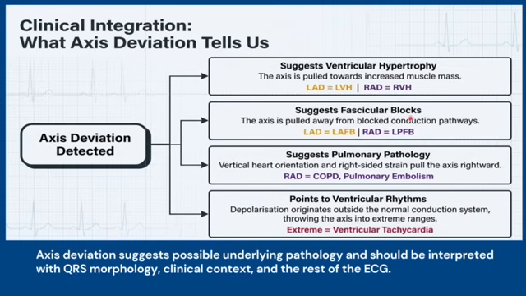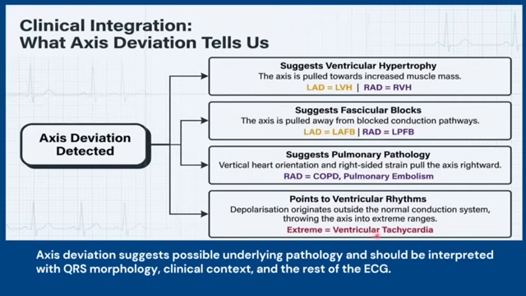Also, it could suggest pulmonary pathology like pulmonary hypertension, pulmonary embolism, COPD, in which you find right axis deviation. Also, it can point to ventricular rhythm when the origin of the impulse happens outside the normal conduction system, and this will throw the axis into extreme axis deviation like in ventricular tachycardia.